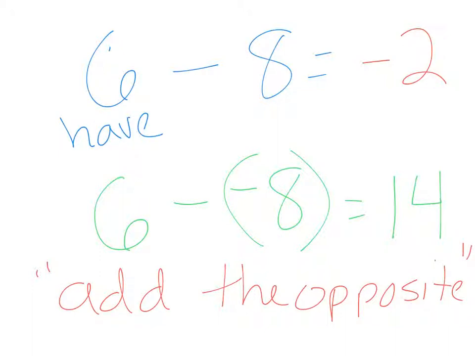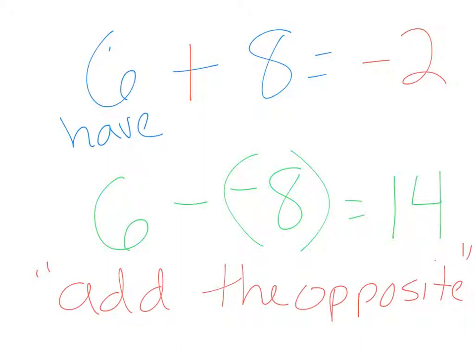I'm going to keep the first integer the same as it is right now. So in both examples, that's the 6. Then I change the subtraction into addition. Looking at the first one, 6 minus 8, I change that subtraction into addition, and then I flip, well, not necessarily flip, but I'm flipping from the positive to a negative.